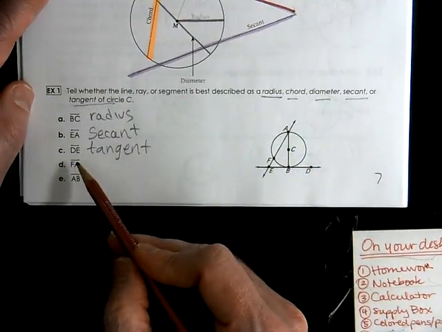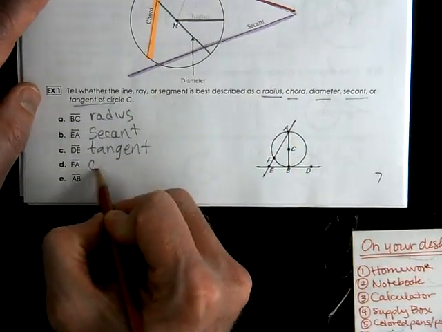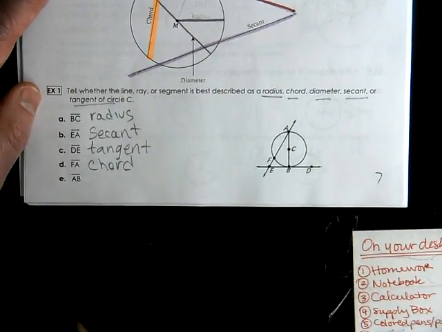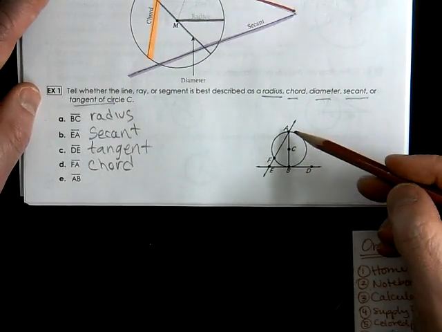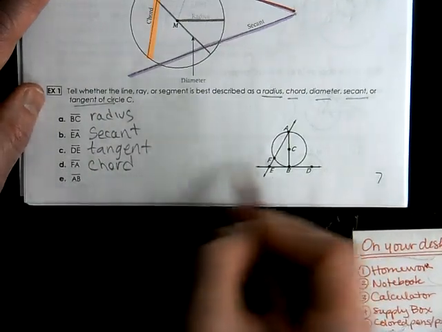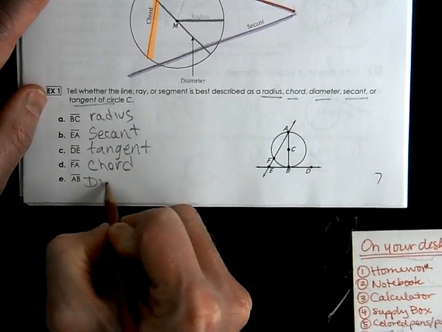This is a segment, no arrows on it. F to A, that's going to be a chord. And then AB is just like a chord. It touches the circle in 2 spots, and it's a segment. But it contains the center. So this chord is actually called a diameter.